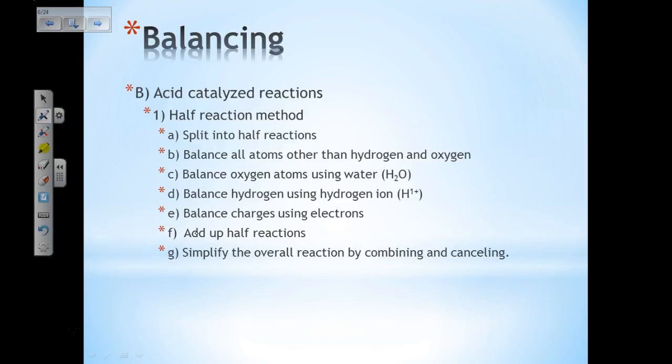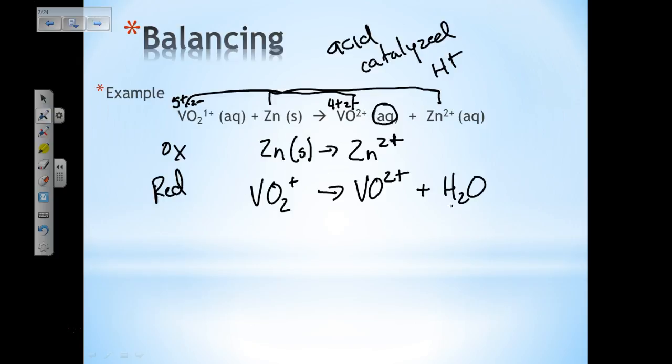If you look back here, the next step is balancing any hydrogens using the hydrogen ion. Because I have 2 hydrogens, I'm going to put 2 H+ in here. And that's how you balance using the water.